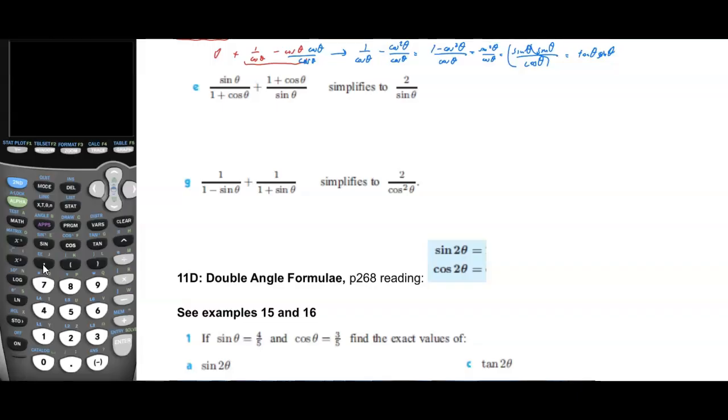Again, if you have two fractions that don't have a common denominator, what you want to do is get a common denominator. So let's multiply the first one times sine theta over sine theta, because that is going to get us a common denominator.